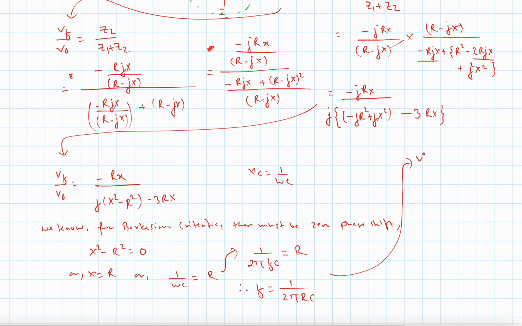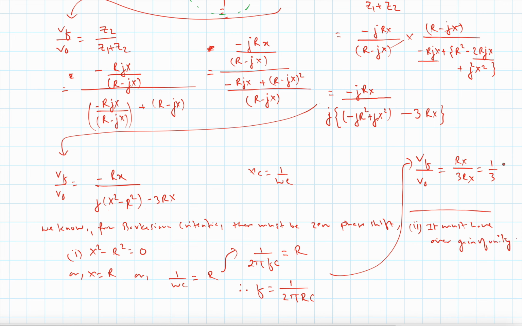This makes VF by V naught equal to RX by 3, RX equal to 1 by 3. And another criteria, this one is one criteria, and another criteria is it must have overall gain of unity.